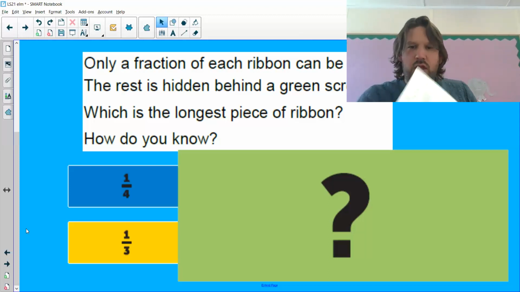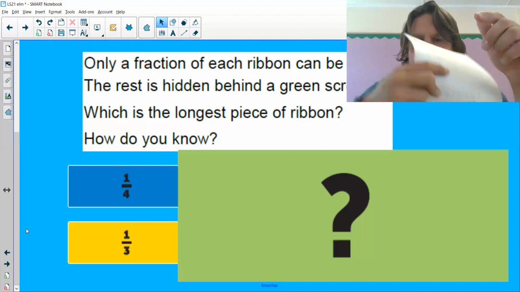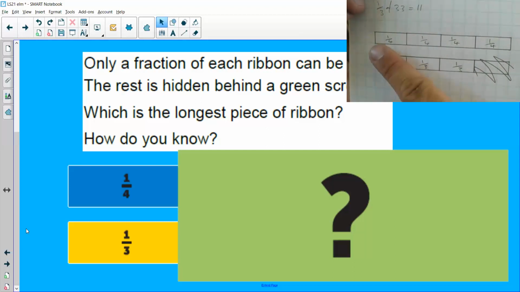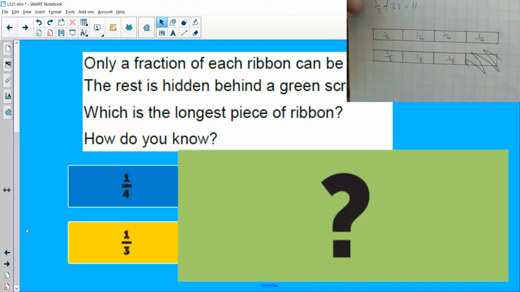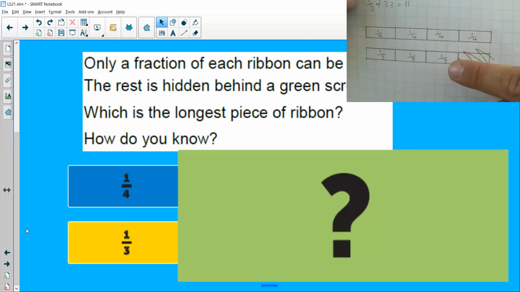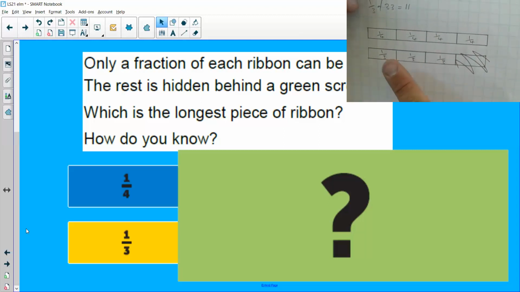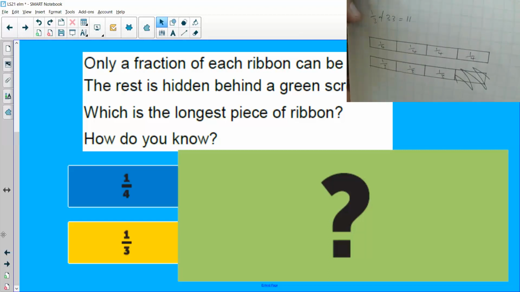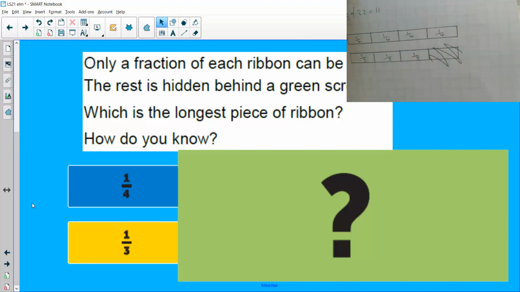So I know that underneath that box, with the difference is thirds. What's the longest ribbon?